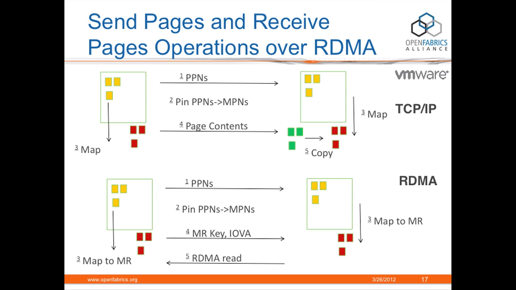The fourth step is sending the memory region key and IO virtual address to the destination. In the fifth step, we let the destination issue an RDMA read. This was, again, a design choice because during the vMotion, the source is still running virtual machines. So we want to offload the source from as much of this RDMA operation as possible. We let the destination do the RDMA read instead of the source doing an RDMA write.